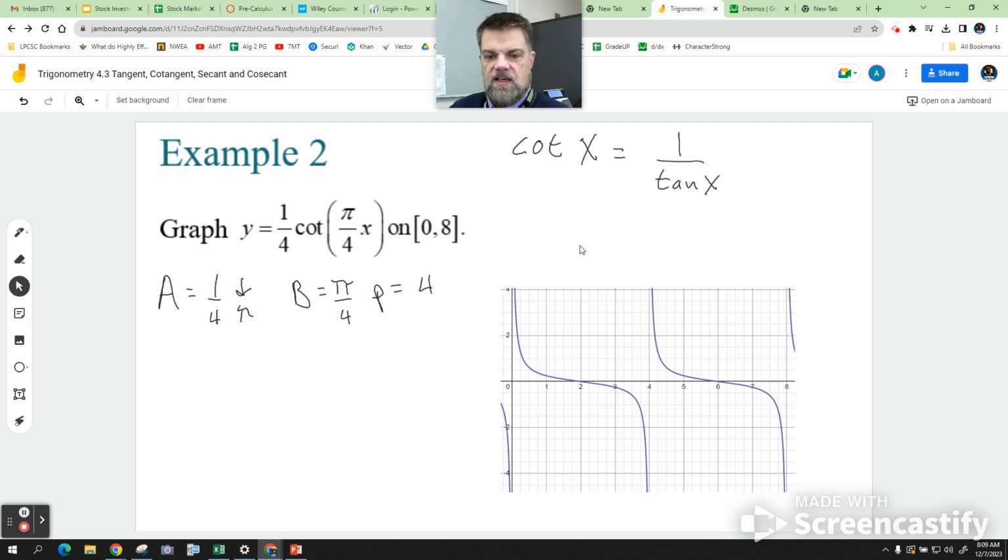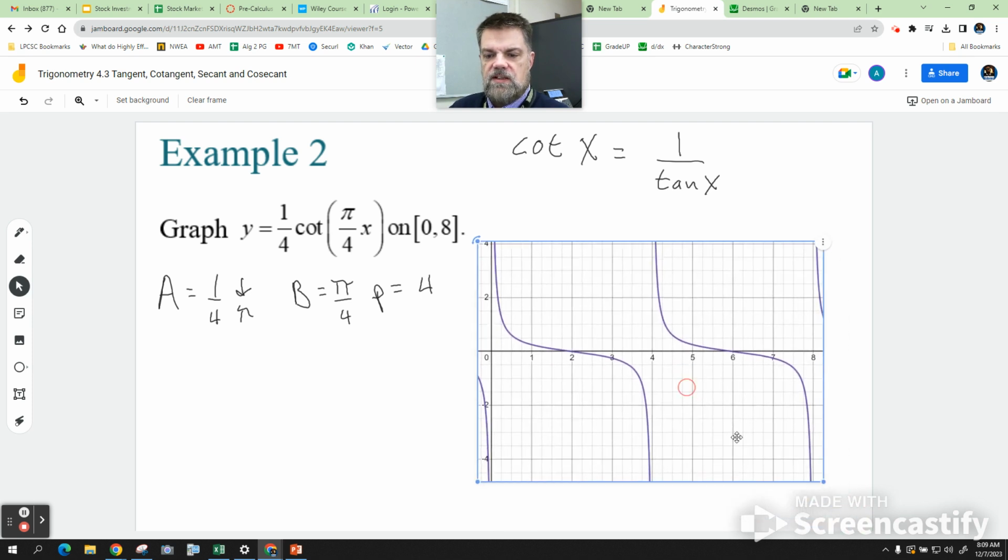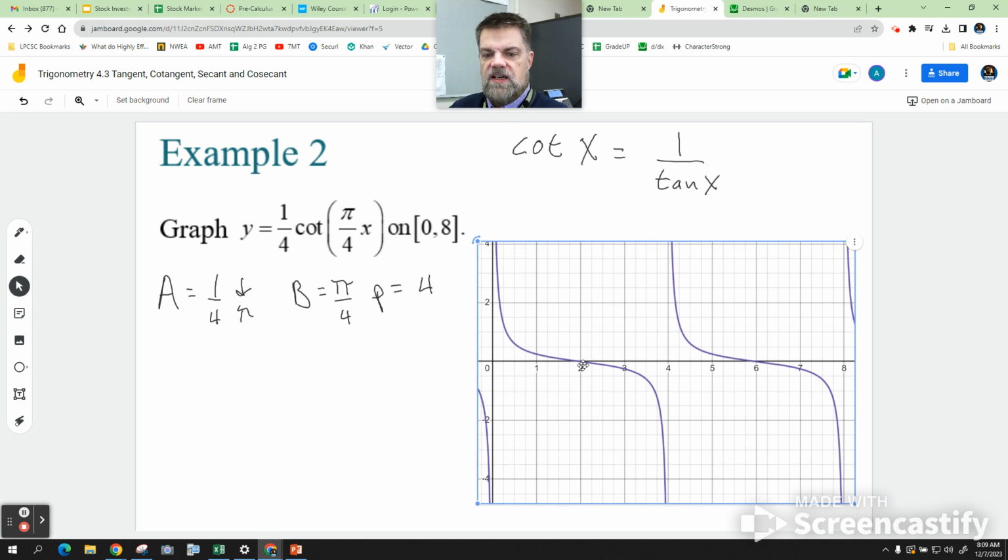I'll give you guys a second to write that down. The period is still 4 though, because if you notice, the x-intercept is here at 2, let me make this a little bigger too so you guys can see it. The x-intercept is 2 and the next intercept occurs at 6, which is 4 units away.